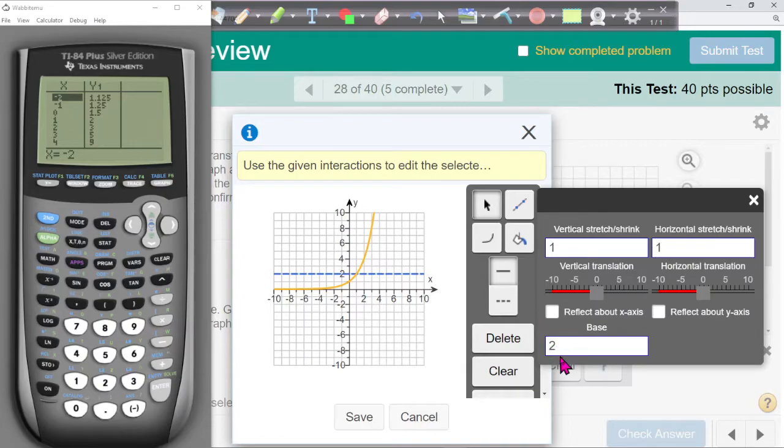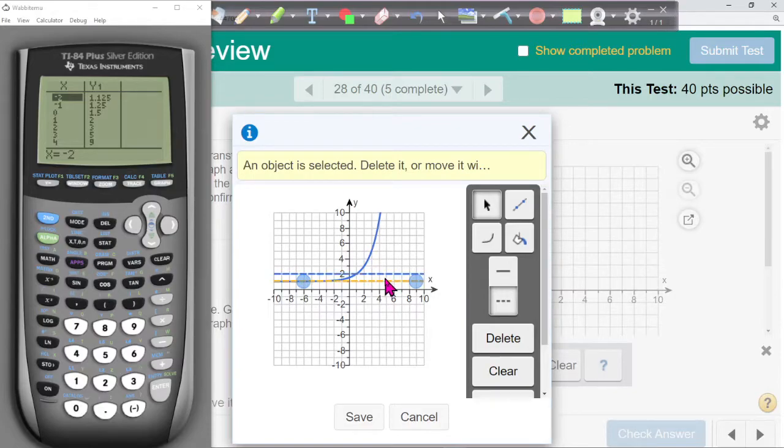Base of 2. Okay. We're not going to stretch or shrink. We are translating to the right, and vertical translation 1 up.